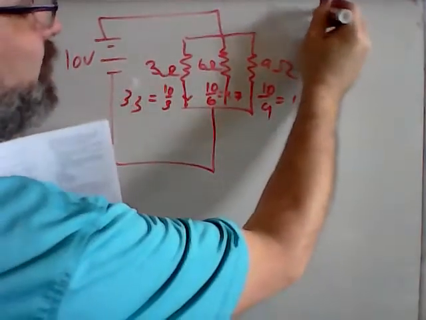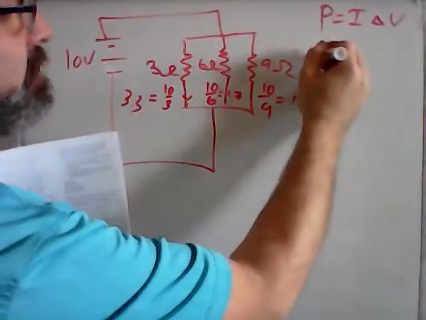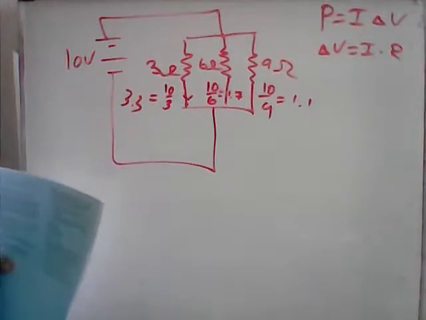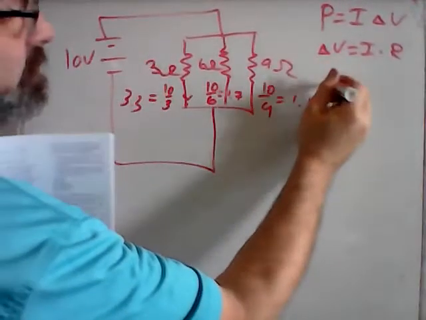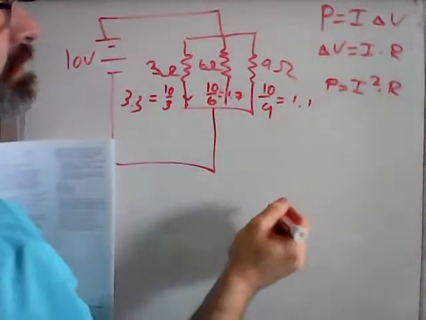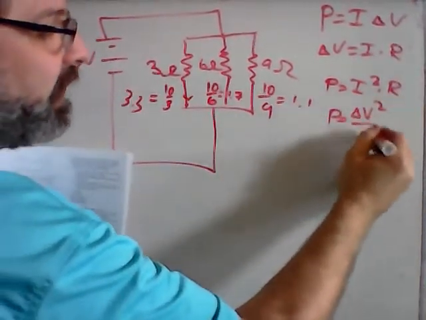So just remind ourselves, P is equal to I delta V, and delta V is equal to I times R, Ohm's law and the power relationship. If we combine those, we get P is equal to I squared times R, and P is equal to delta V squared divided by R.